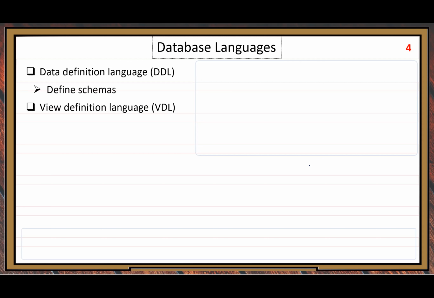Another type is view definition language, VDL. After you define, you need to view your data, right? How to view your data? So VDL specifies user views.